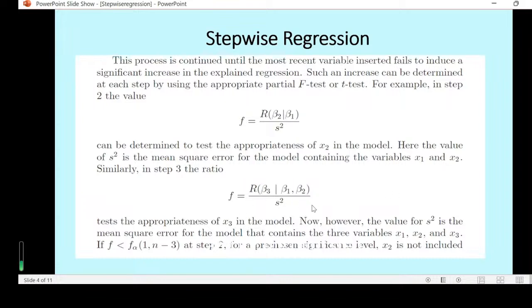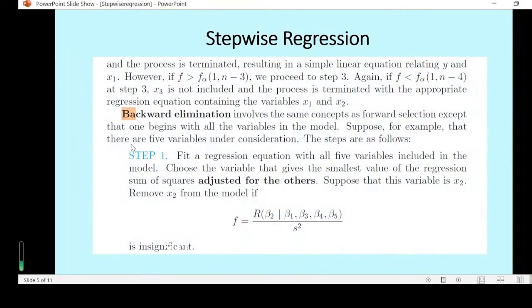For the third step, similarly, the R square increment from x3 divided by s square, where s square is from the model with three variables included. All these F-tests determine whether the variable is significant or not. There are degrees of freedom in each step of the F-test, where n is the number of observations and 3 is the three parameters.